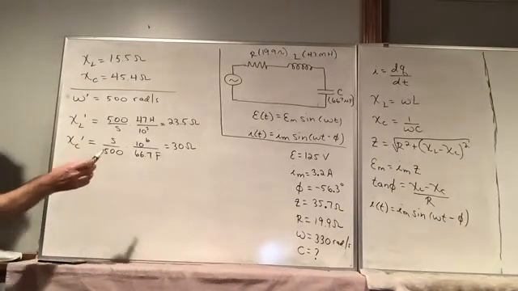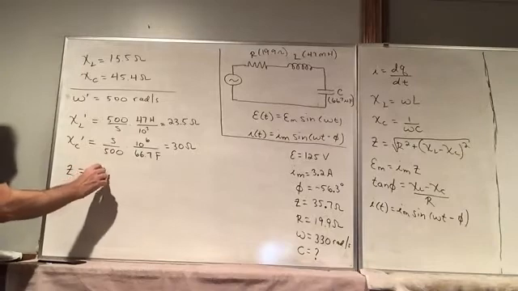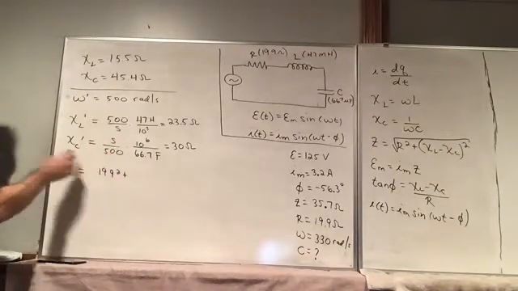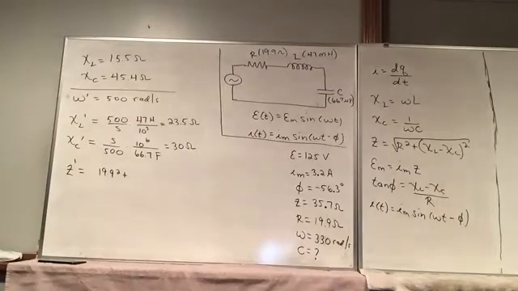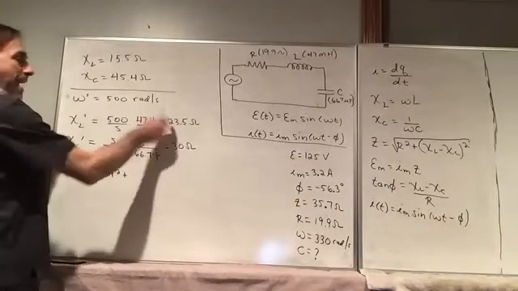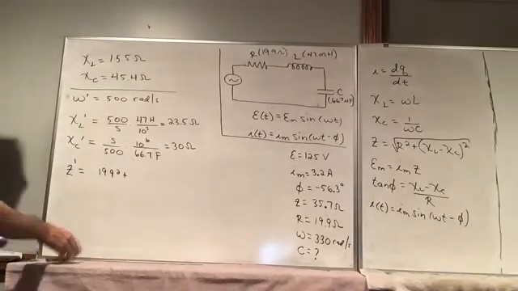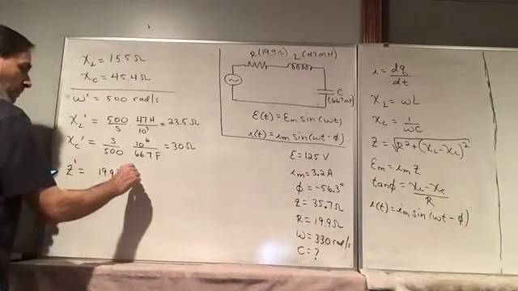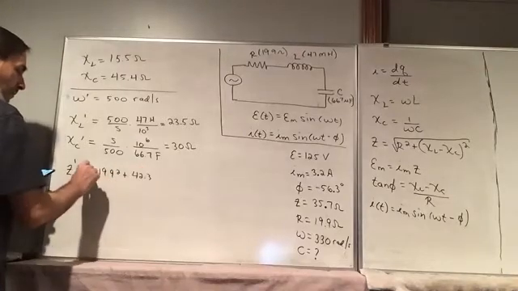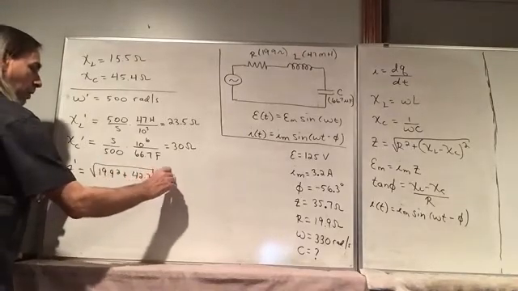And again, that would be 19.9 squared. And then we subtract these, let's call this Z prime. So I can do 30 minus 23.5 because we're going to square it. Positive or negative doesn't matter here. So let's see, that's 6.5 squared, so 42.3 roughly, and that would be in ohms.